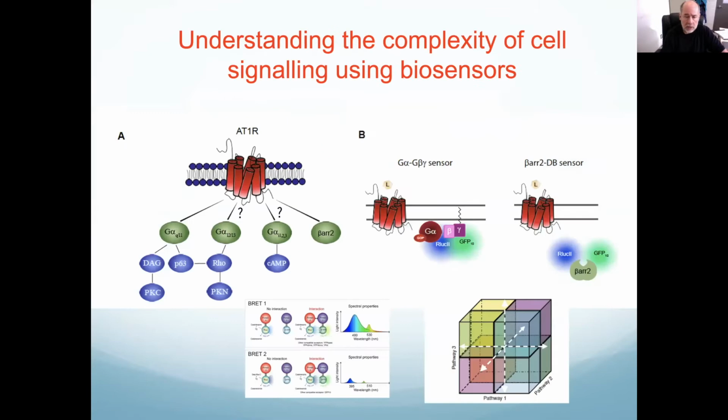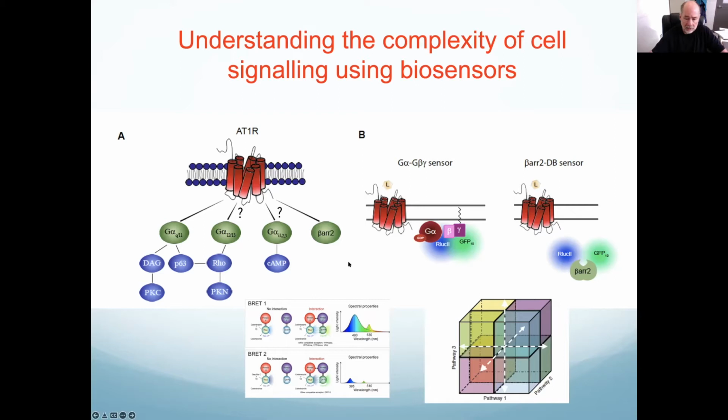I'll come back to this notion a bit later. The other thing that we're really interested in understanding is the wiring, as I said. So we have biosensors that can track all downstream signaling from a given receptor, both horizontally into different pathways, and then down each pathway vertically. The idea is that we not only can track the activation of a G protein, but a lot of the signaling downstream.